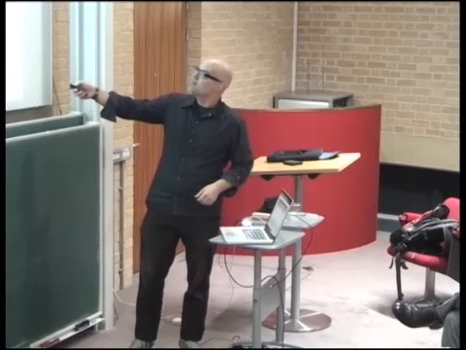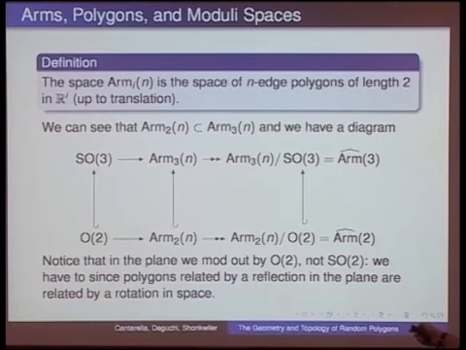So, okay, let's think about this for a moment. You can't understand closed polygons until you understand open polygons. Those are polygons that I call arms. So arm space is, again, the space of n edge polygons of length 2, but this time they're not required to close.